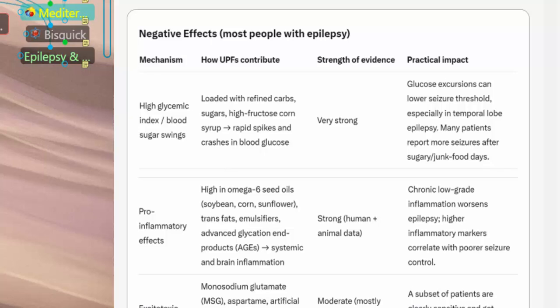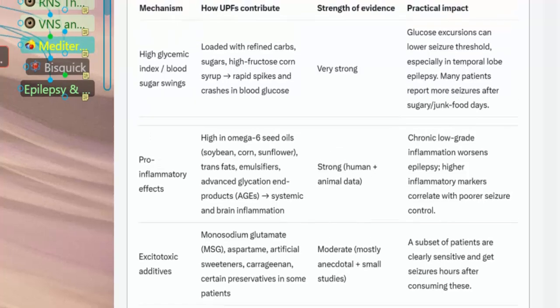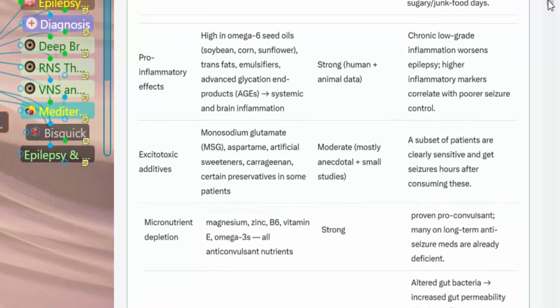There are pro-inflammatory effects. High in omega-6 seed oils, trans fats, emulsifiers, advanced glycation end products causes systemic and brain inflammation. There's strong evidence for this. Chronic low-grade inflammation worsens epilepsy. Higher inflammatory markers correlate with poorer seizure control.